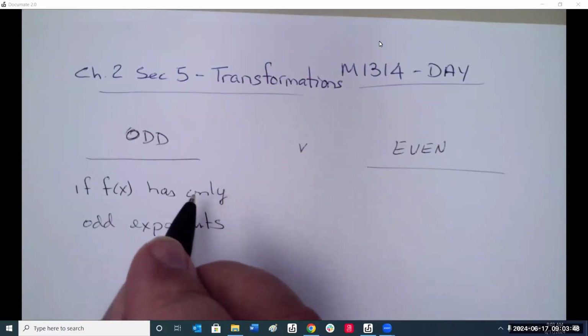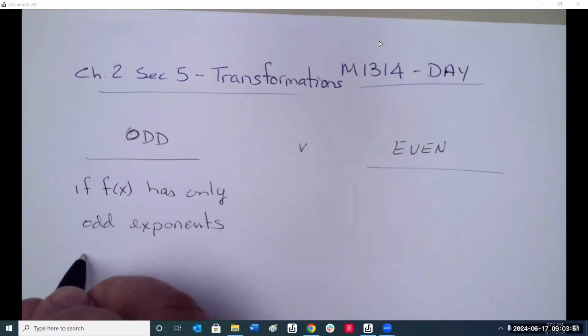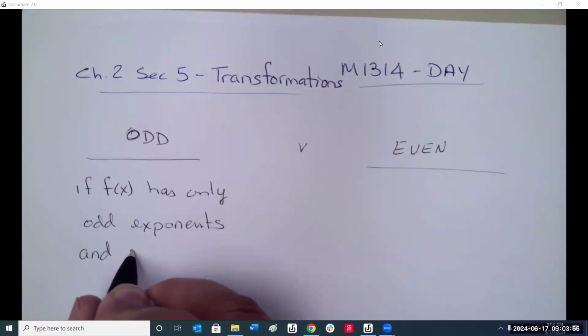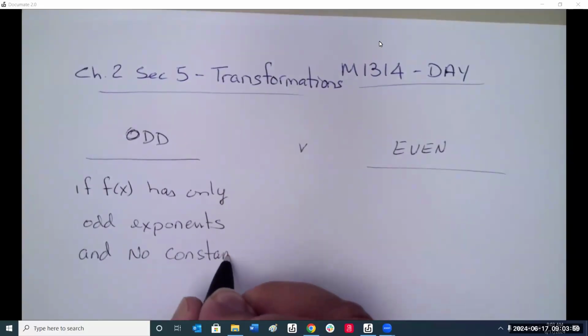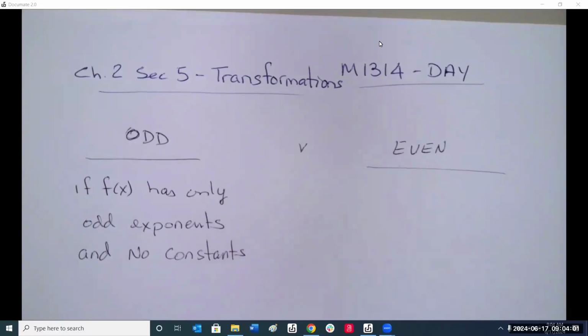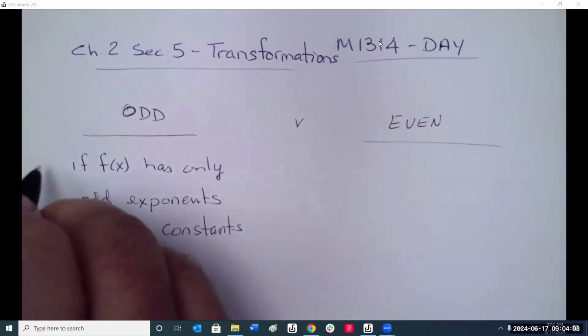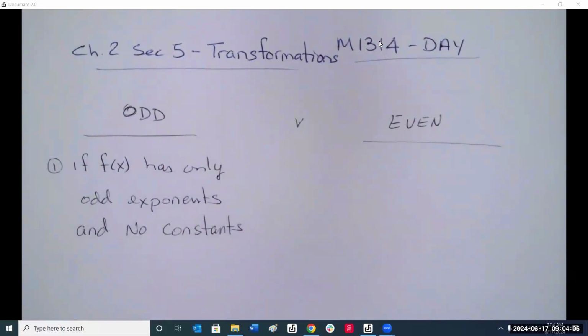If the function has only odd exponents and no constants. That's one way. That's if you have the function.